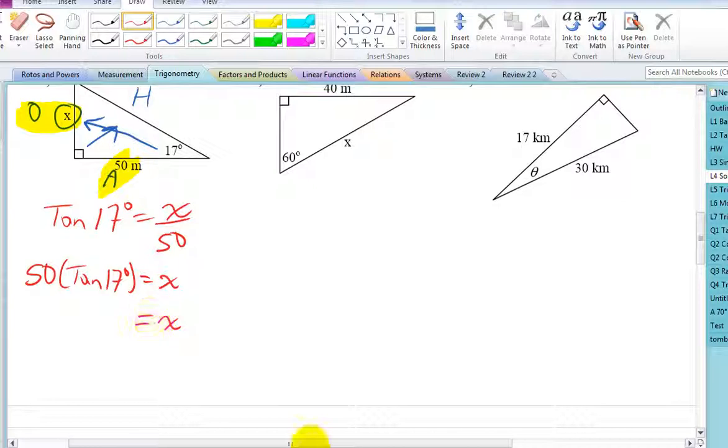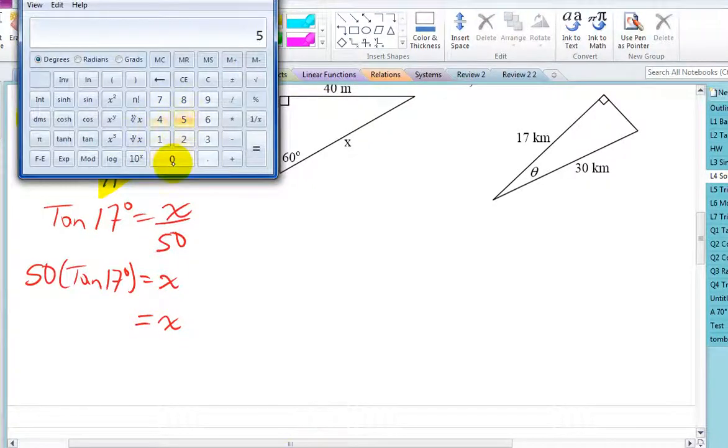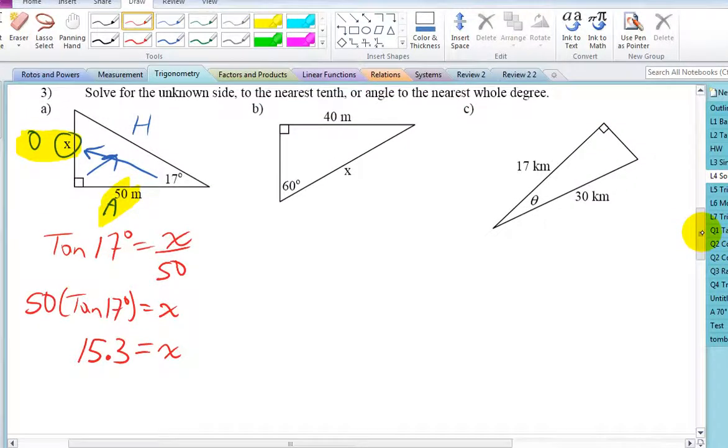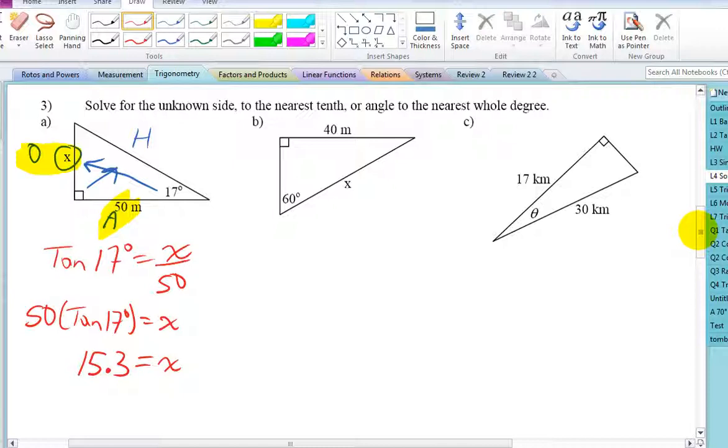Go to 1 decimal, please. So we get an answer of 15.3. Good. B. Label your HOA. Now you have to choose your ratio.